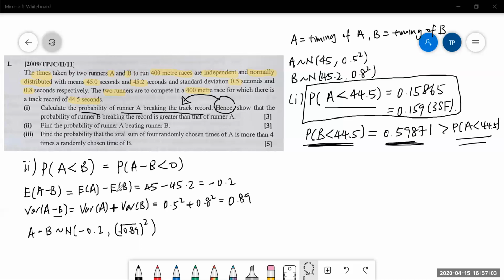Okay. Then from here, I will be able to find the probability of A minus B to be lesser than 0. Can you find it for me?